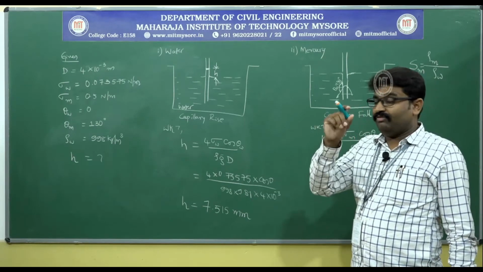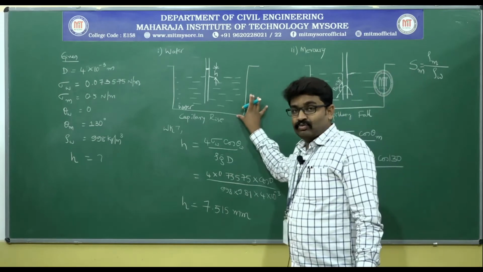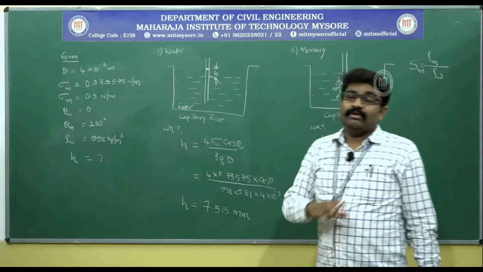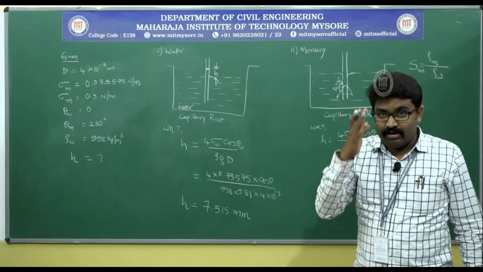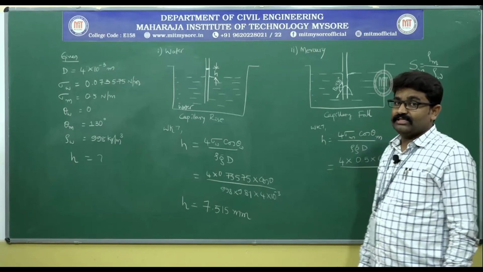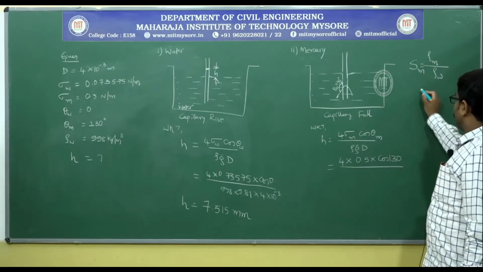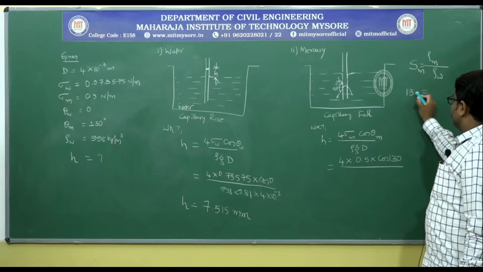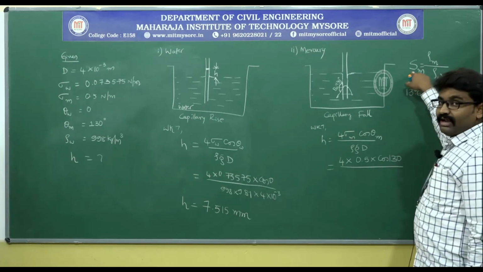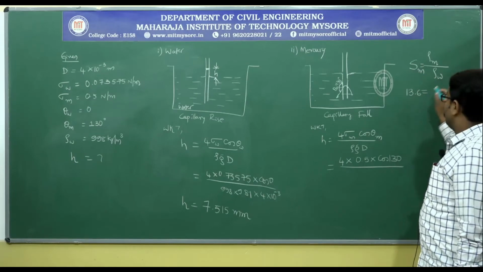That is only pertaining to case 1 where 998 kg per meter cube needs to be taken. But for all other purposes, density of water or density of standard liquid remains as 1000 kg per meter cube. Be very careful about this, and you know that the specific gravity of mercury is 13.6. Standard value of specific gravity for mercury is 13.6.